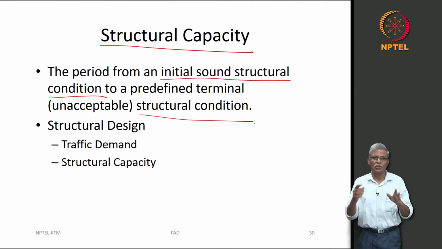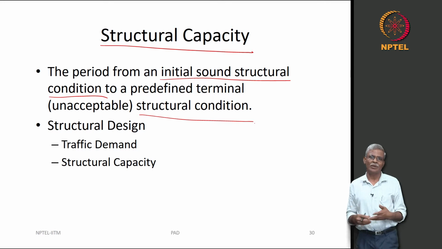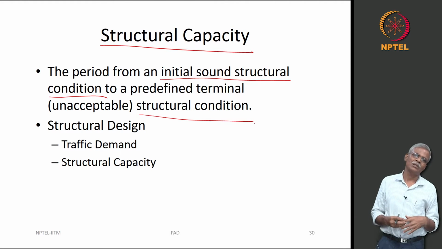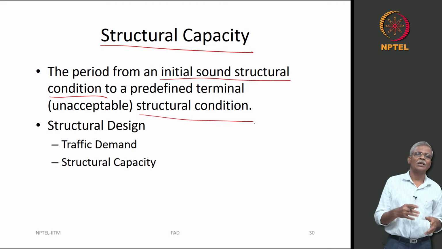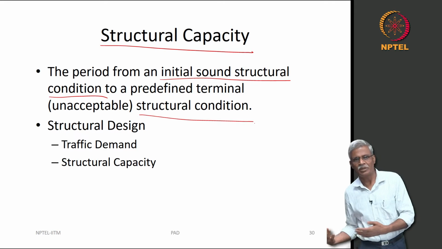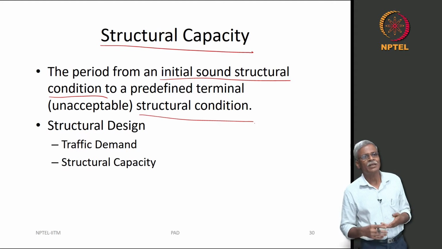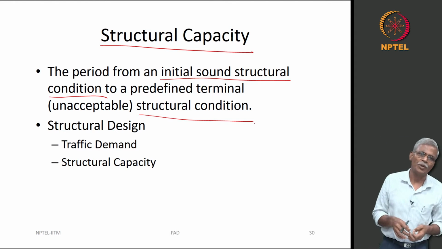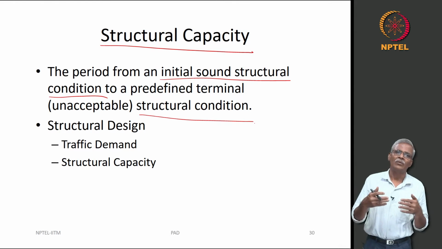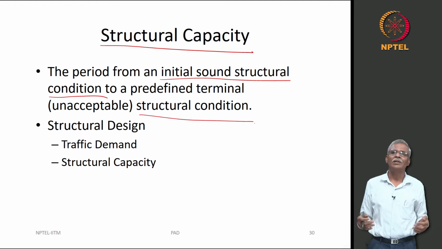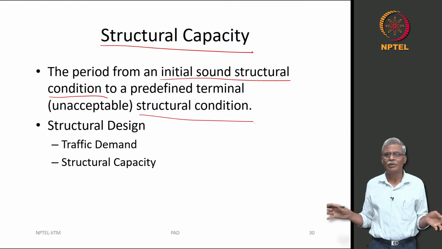So, this period is where we are really talking in terms of the structural capacity, because as we discussed in the initial lectures, as far as pavements are concerned, we talk always of functional failure and structural failure. Functional failure is when you are not able to ride your vehicle on top of your pavement with the required comfort level at the design speed, and structural failure is when it completely breaks down.